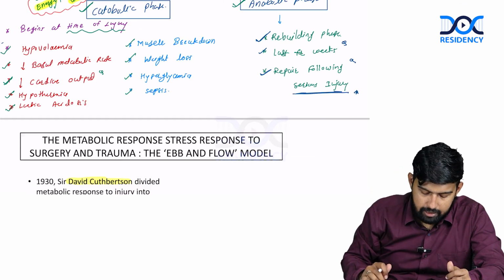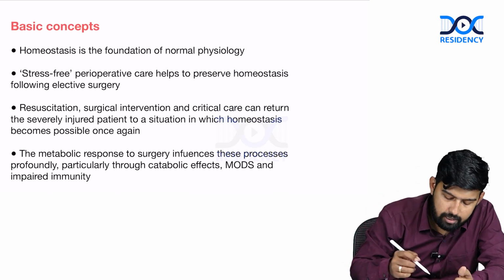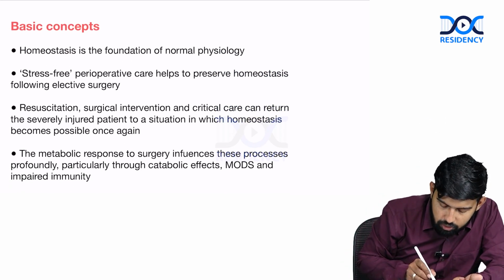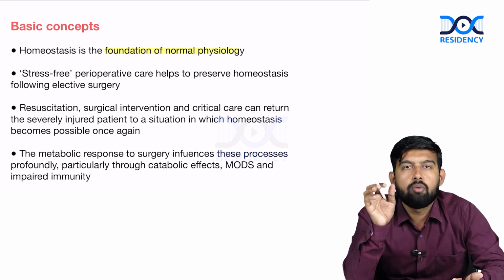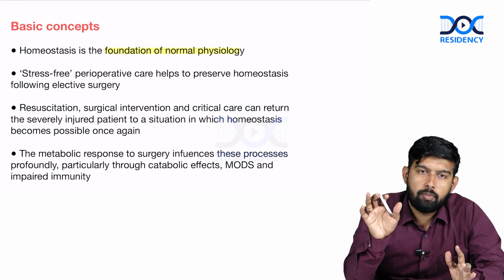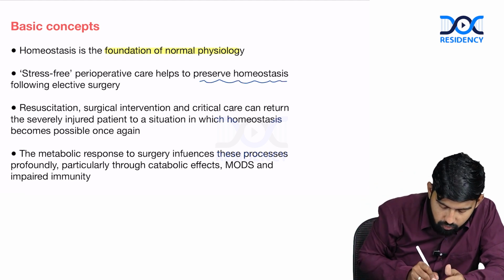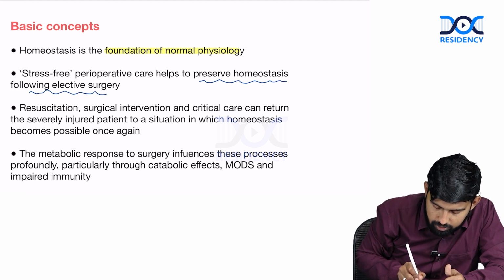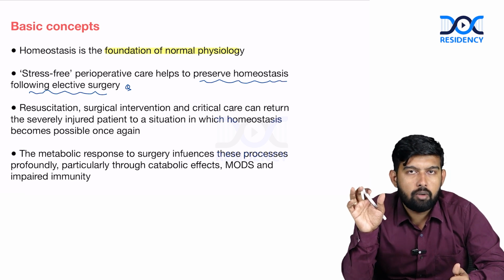So let's start with the basic concept. Homeostasis is the foundation of normal physiology, and we have to provide stress-free perioperative care to preserve this homeostasis following any elective surgery. So how can we provide stress-free perioperative care?